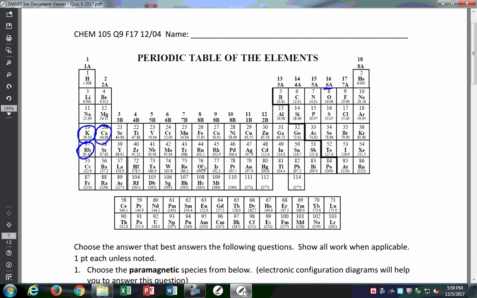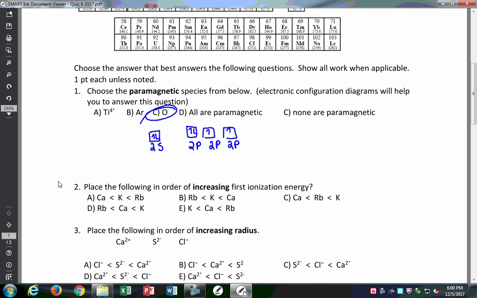So when we're going down the trend, we're looking at the fact that we have more electrons. When we're going across, we're looking at the effective nuclear charge, because the electrons in the same orbital don't really block the nuclear charge. So the more positive charge we have, the harder it is to remove that first electron. So, of course, rubidium is the easiest because it's bigger.